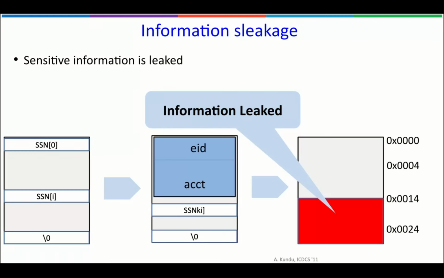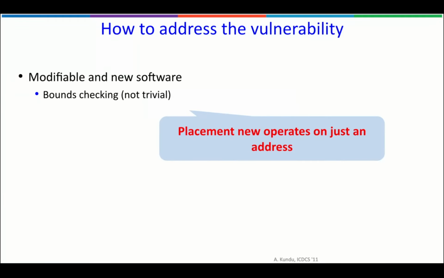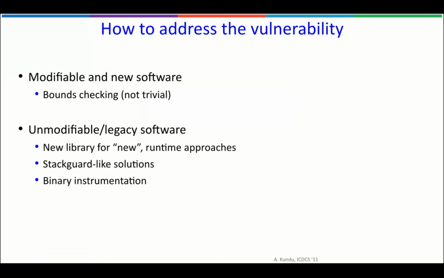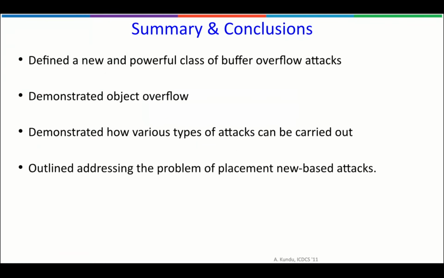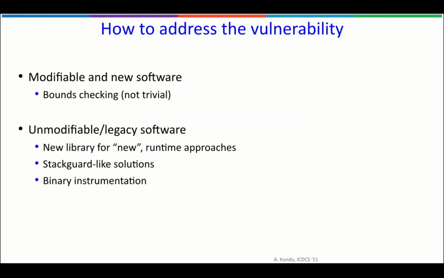That is demonstrated. So how do you address this vulnerability? You have to do bounds checking. Bounds checking on placement new is non-trivial because of alias analysis. You have to have a new library that has a Stagemill-like solution. The good thing is that GCC actually got hold of our paper.